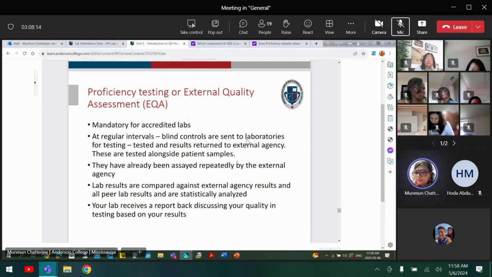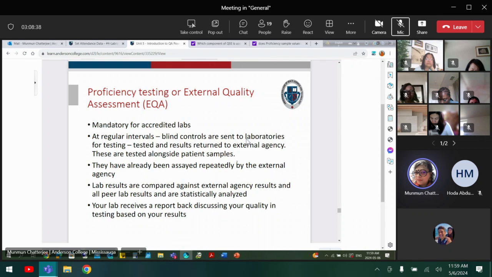These are tested alongside patient samples, so control samples and patient samples. These blind controls are sent to different labs at regular intervals. These are mandatory for accredited labs, and without accreditation, no lab can run.